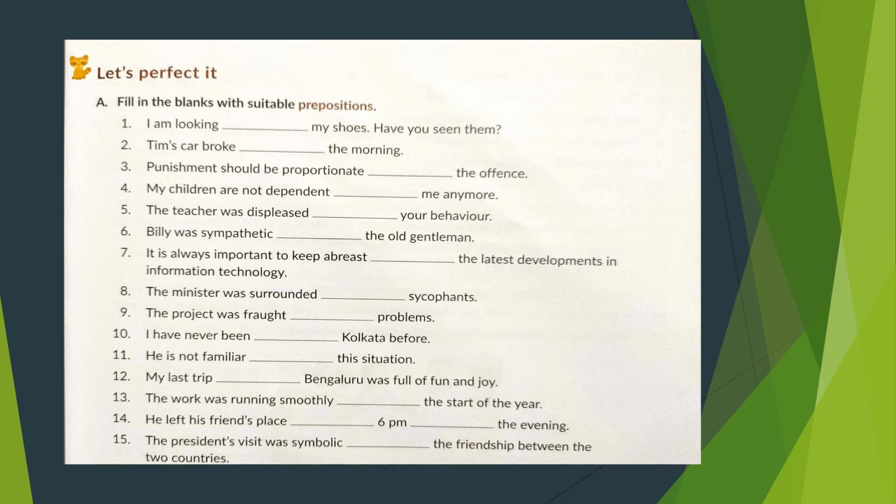The teacher was displeased with your behavior. Billy was sympathetic towards the old gentleman. It is always important to keep abreast of the latest developments in information technology. Alright, rest of the sentences, do it on your own in the textual exercise.